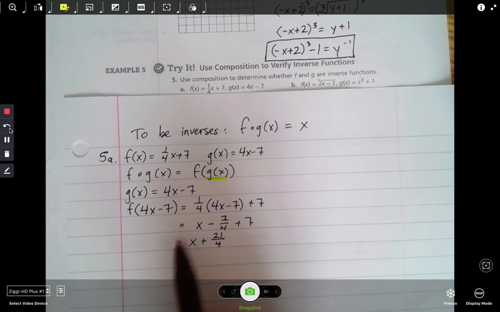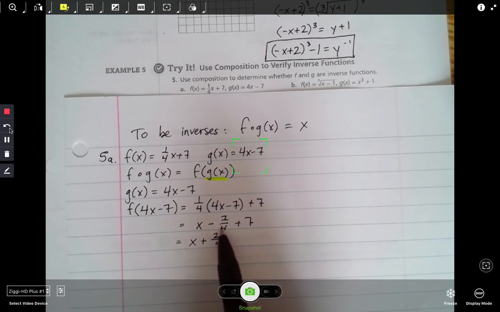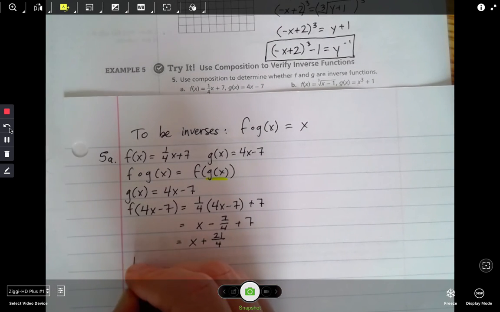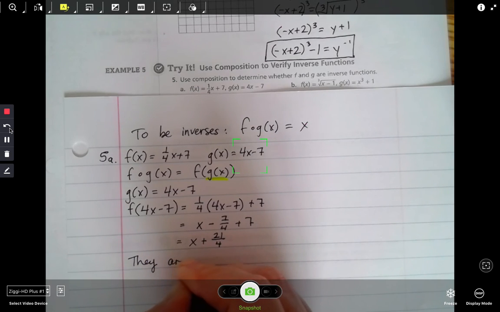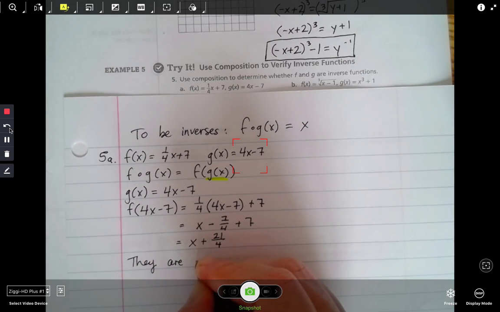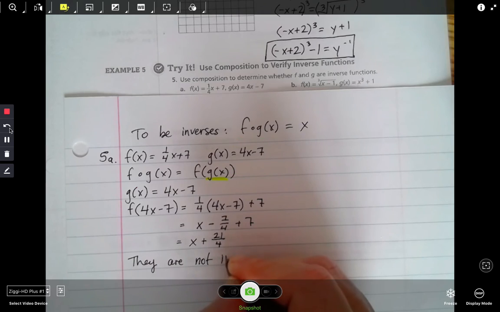Does that equal x? No, I got a little something extra there, right? So since this does not equal x, they are not inverses.